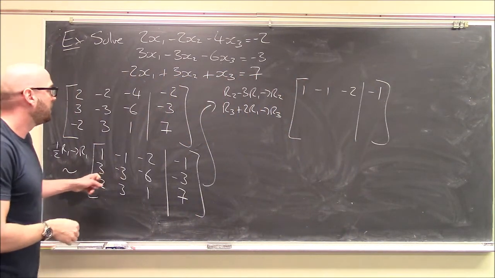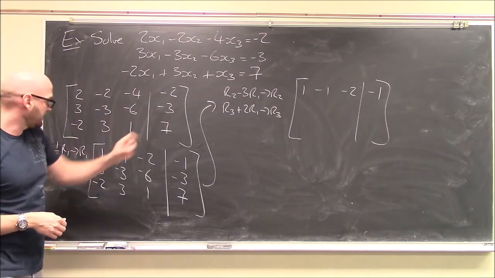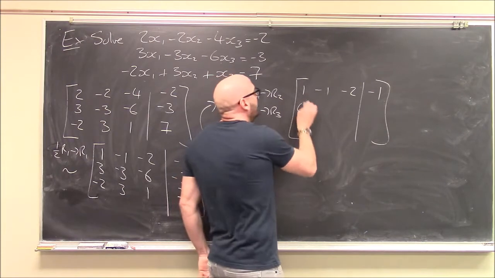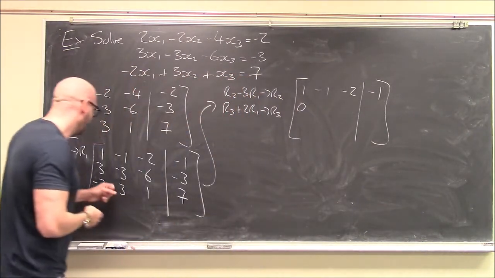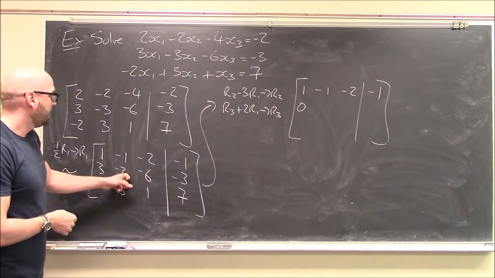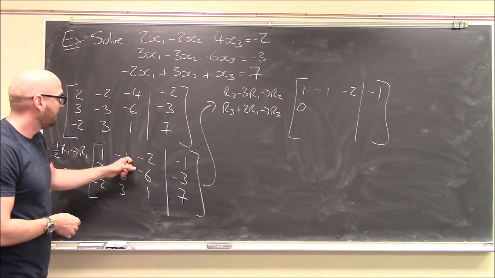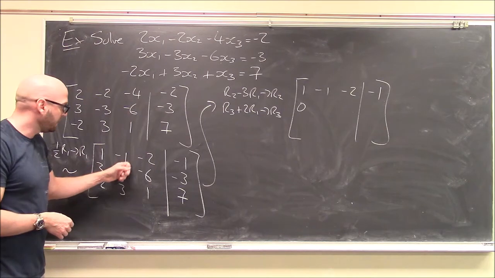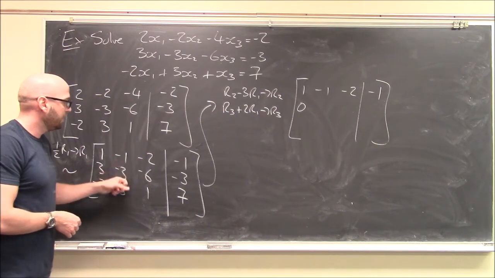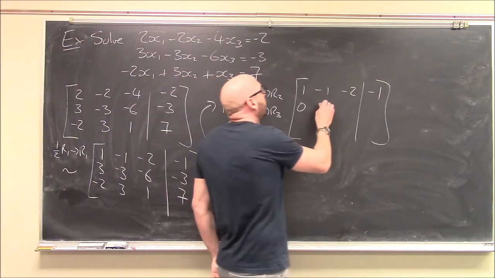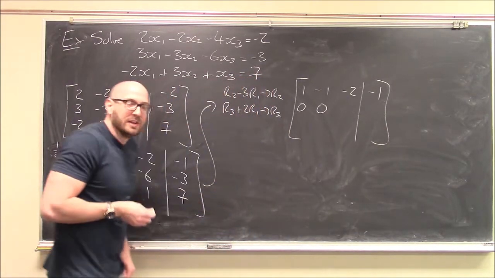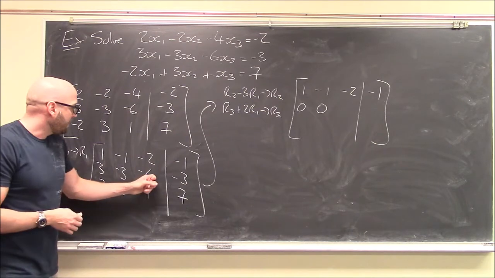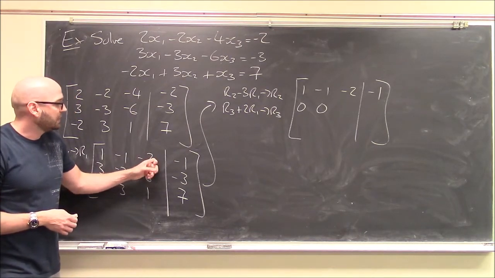Row 2, now what do we have? So we're subtracting 3 times row 1. 3 minus 3 times 1 is 0, as we wanted. If I don't have a 0 there, I did something wrong. Minus 3 minus 3 times minus 1. Minus 3 times minus 1 is positive 3. So minus 3 plus 3 is also 0. It's kind of nice when you get zeros because you know they'll be easy to work with down the road. Then I've got minus 6 minus 3 times minus 2.